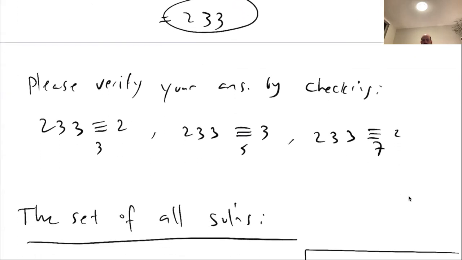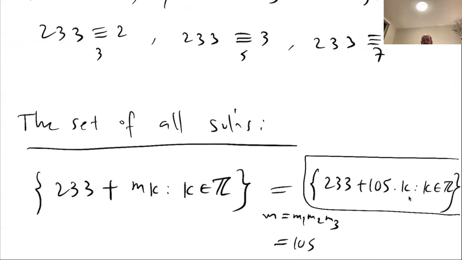We verified that it satisfies all the three congruences at the same time. And then the set of all solutions is one solution plus an arbitrary multiple of m. Okay, guys, so this is about Chinese remainder theorem.